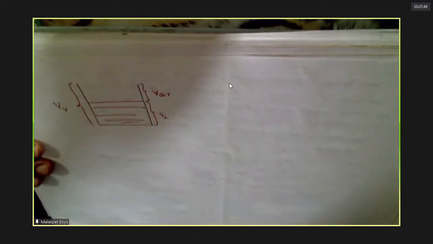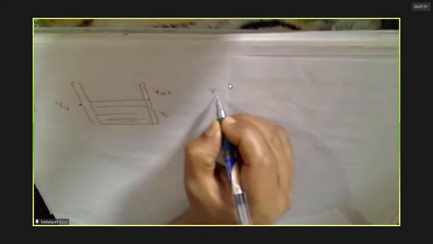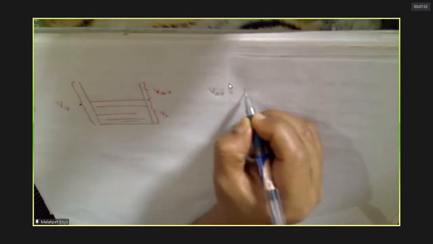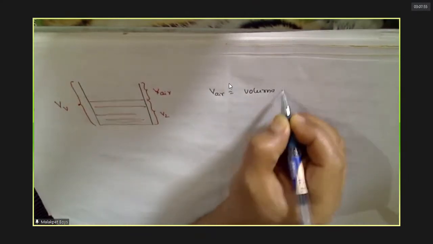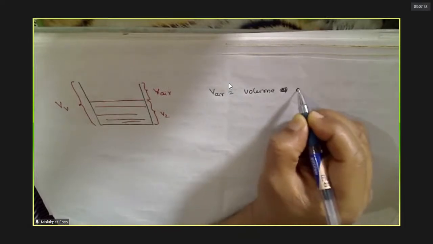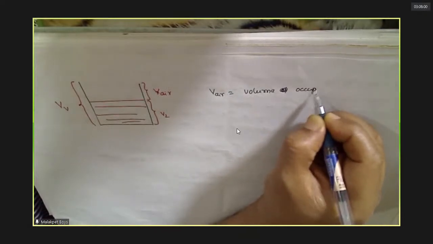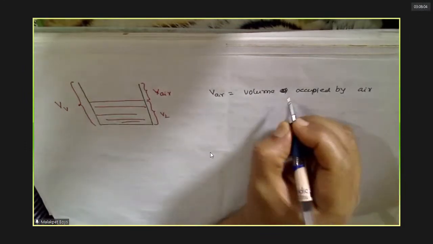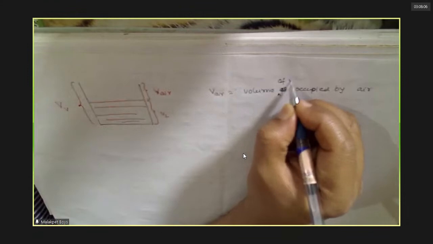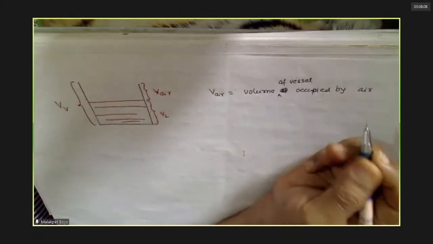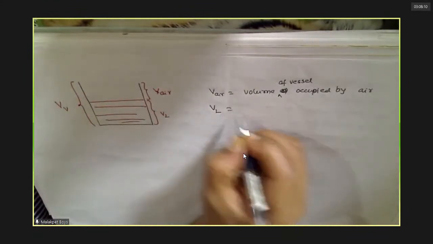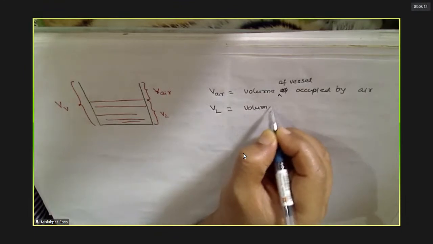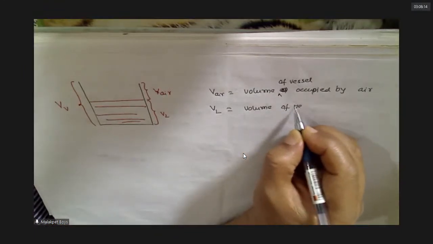Now, what is volume of air? What is VL? Volume of liquid. It's the volume of vessel.